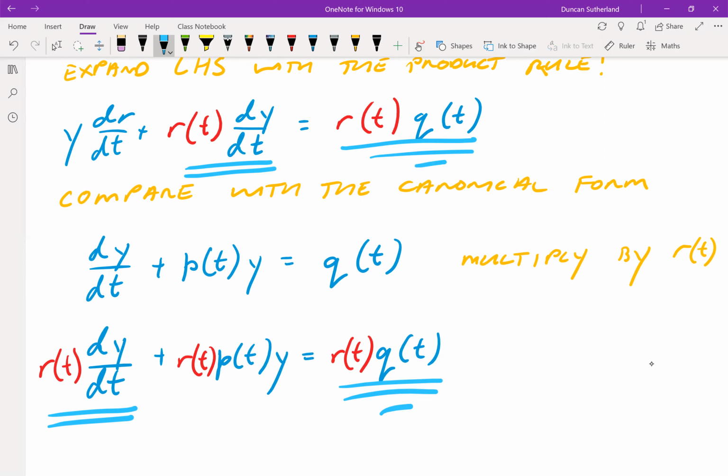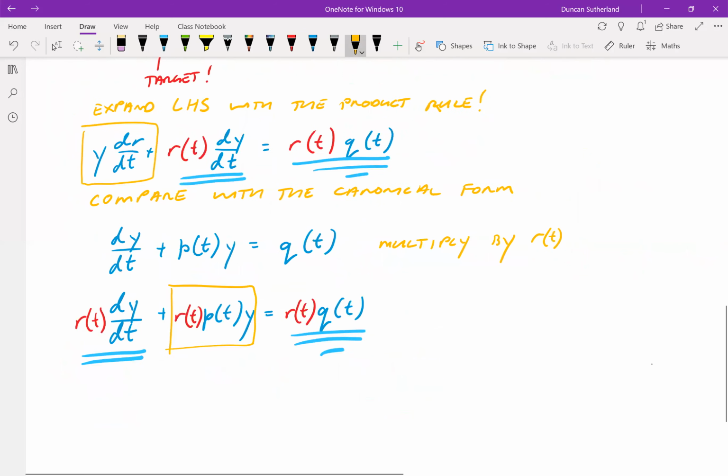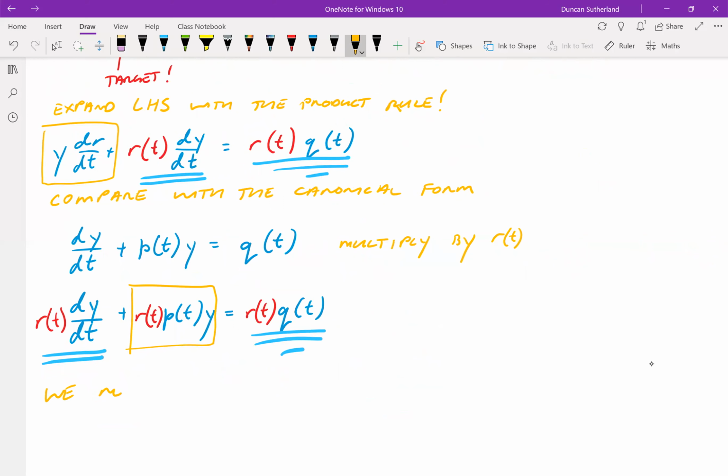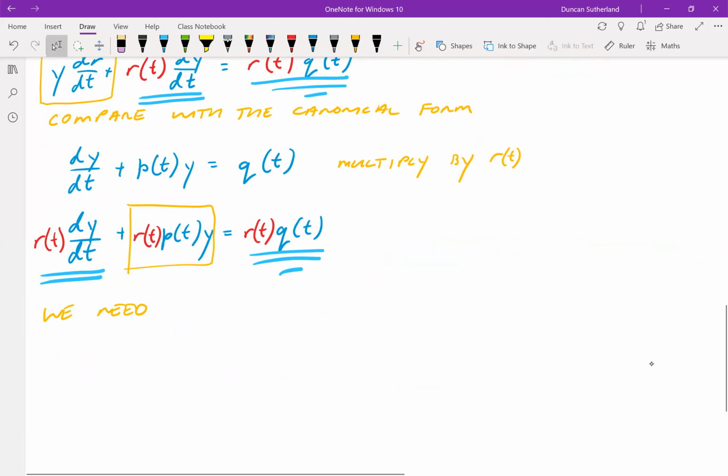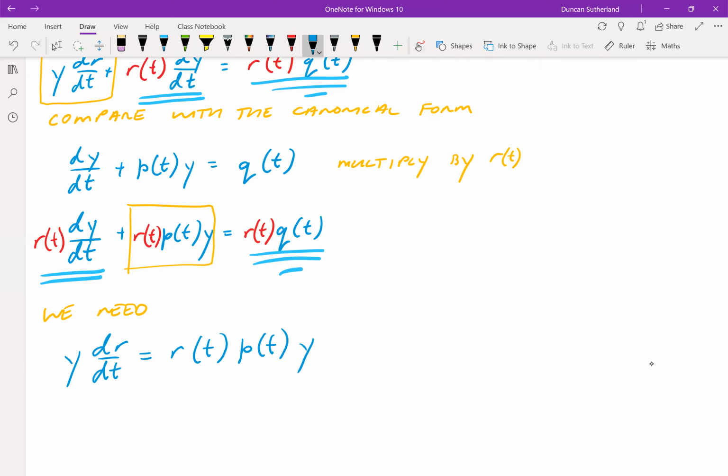Right, so the only term that we haven't got yet is this one, right? But we've got something that looks kind of similar. We need to compare these two terms. If our equation is to be true, if we are to get what we want, we need y times dr/dt equals r(t) p(t) y.